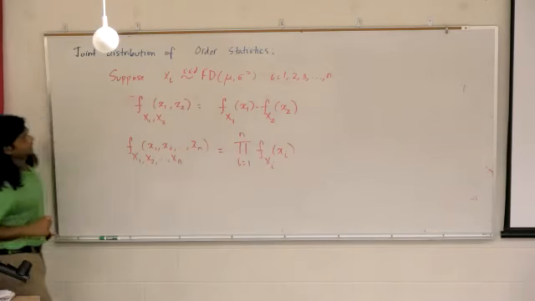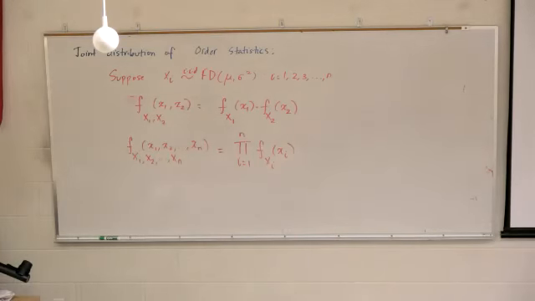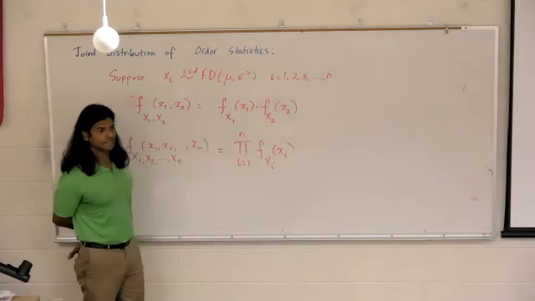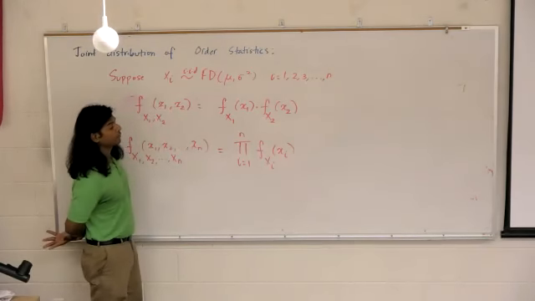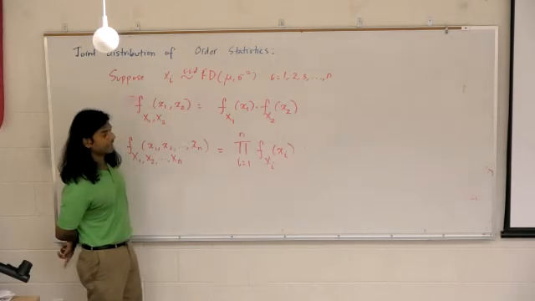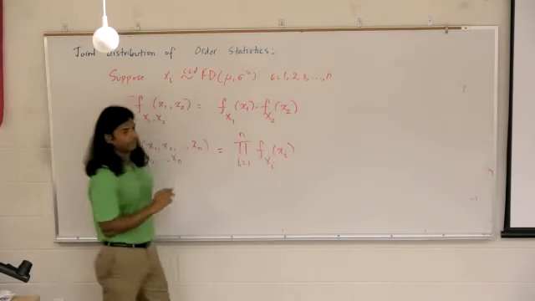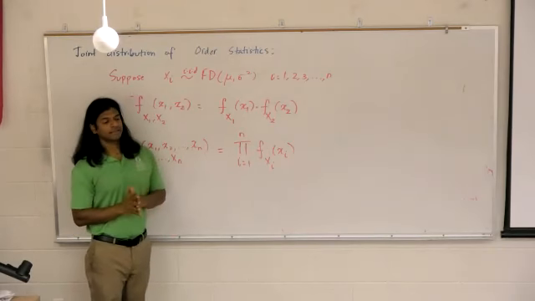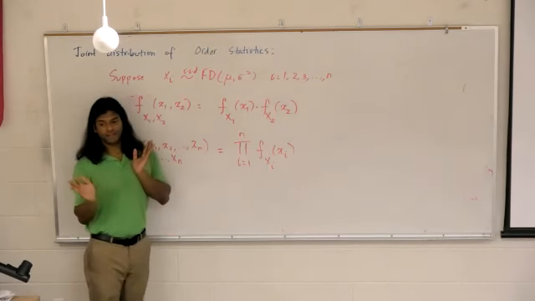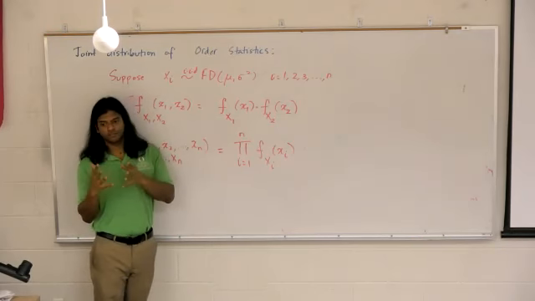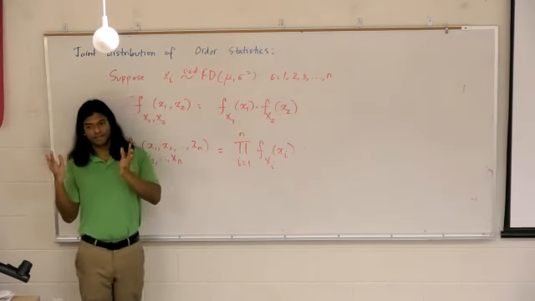Now, of course, I don't need the x1, x2 hard, right? The reason why we put the x1, x2 is because these values need to be different. In other words, I can't simply write it as f of x times f of x and call it f of x.